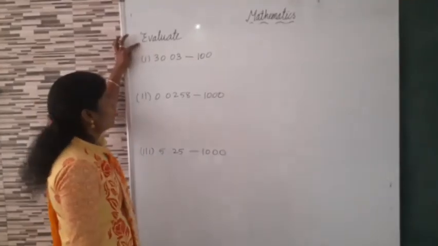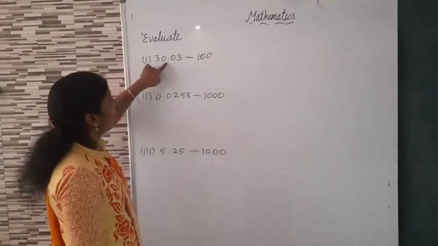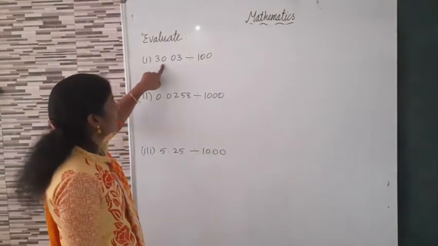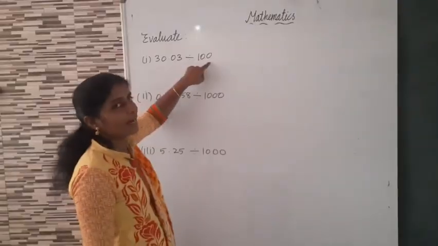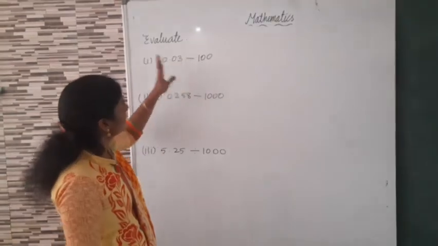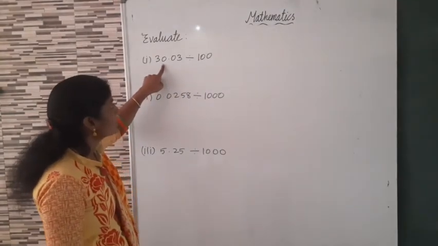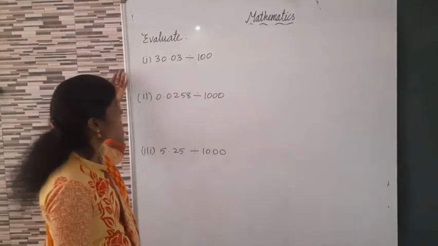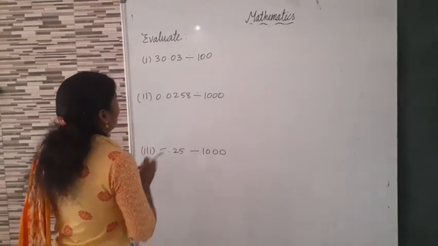Now evaluate question number 1. 30.03 divided by 100. Okay, 30.03 divided by 100. Here divided by 100 means shifting the decimal point 2 places to the left, isn't it?